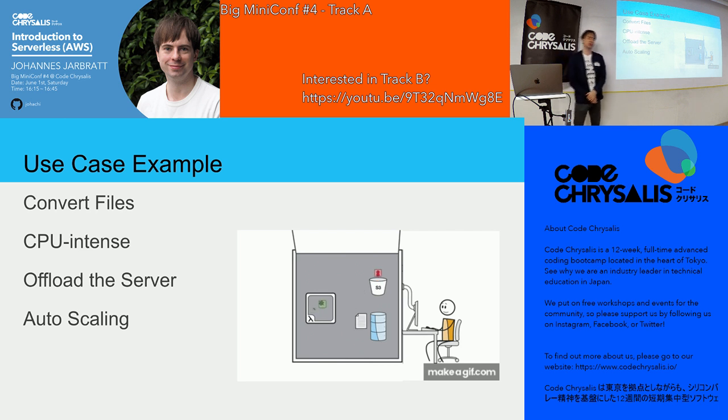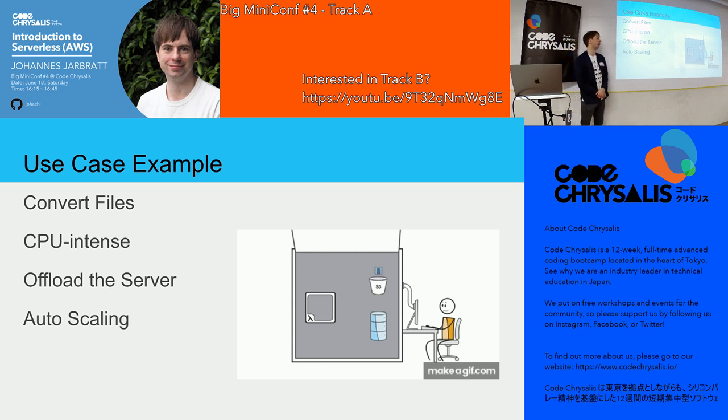So a use case example could be file conversion. For example, if you have a recruitment site where people can upload their resumes, maybe you want the resumes as a PDF because you can easily distribute them to everyone, but you don't want to limit your customer to only uploading PDF files.